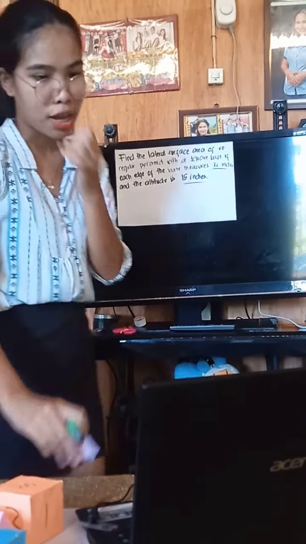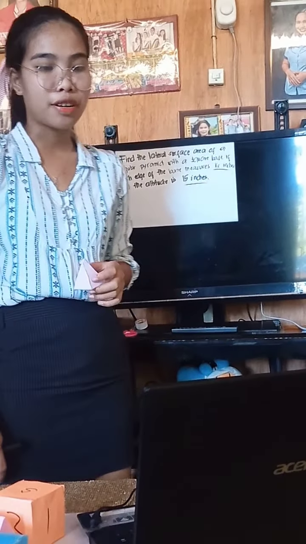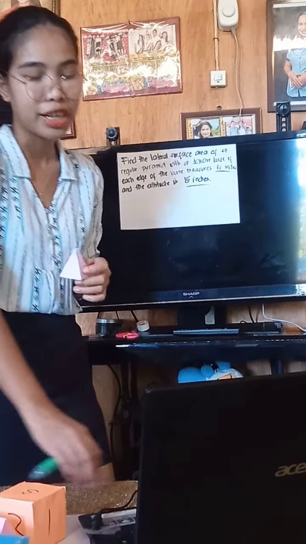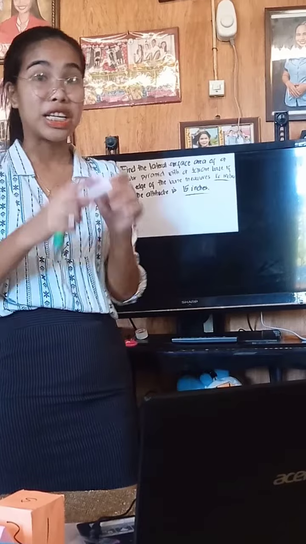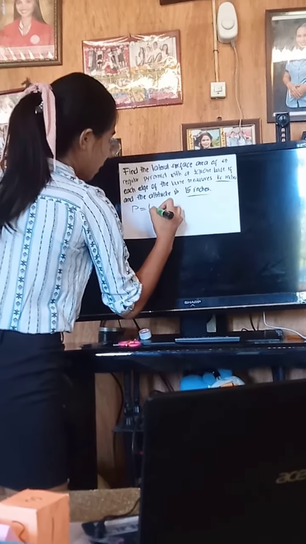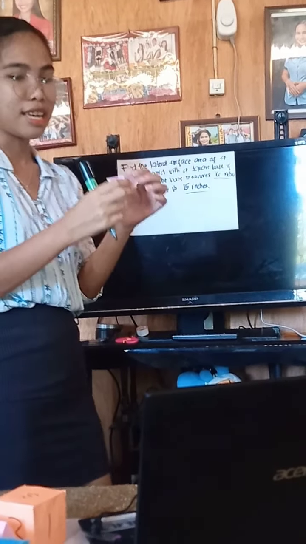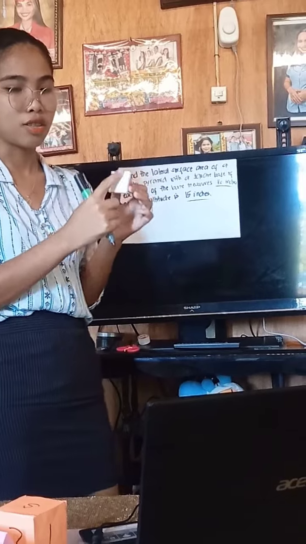So the solution: the perimeter of the base is 4 sides, since it is a square.